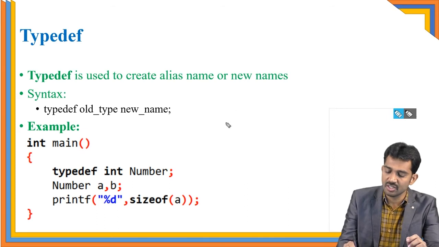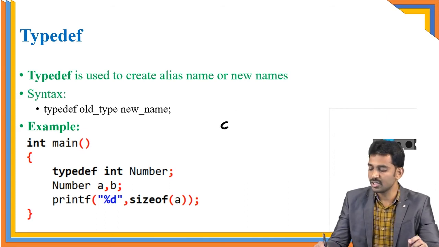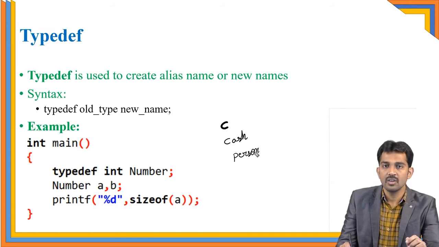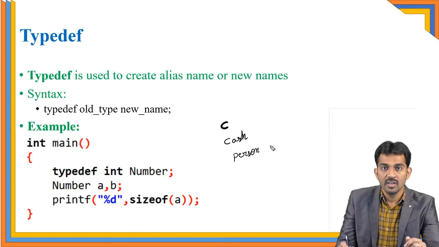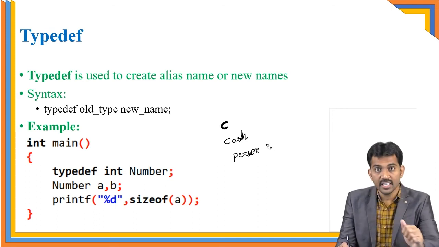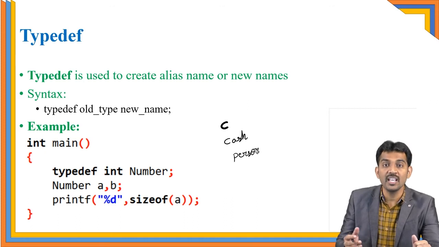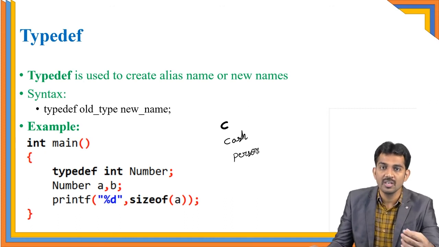I want cash as one data type, as well as a person or a customer. We don't have that kind of data types, right? If you want to create your own data types, alias names, then you use typedef.